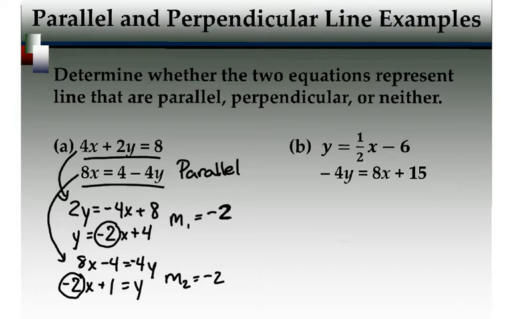Now let's do the same thing. We've already got this line in slope-intercept form. Here is our slope for our first equation, say it's 1/2.